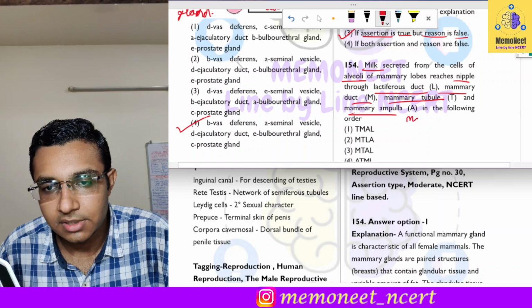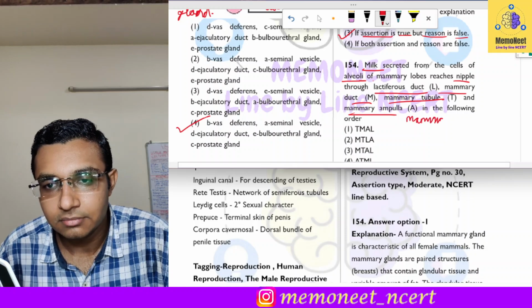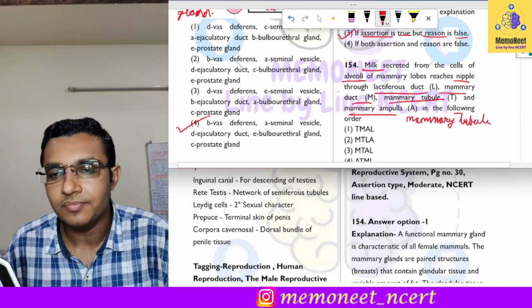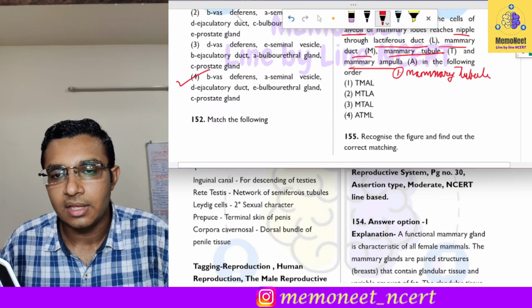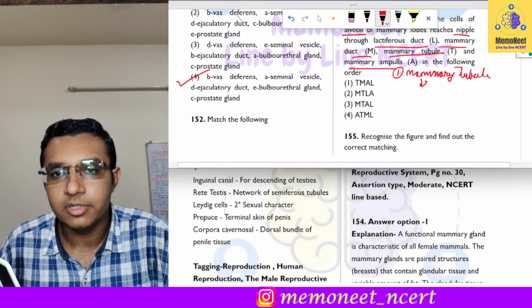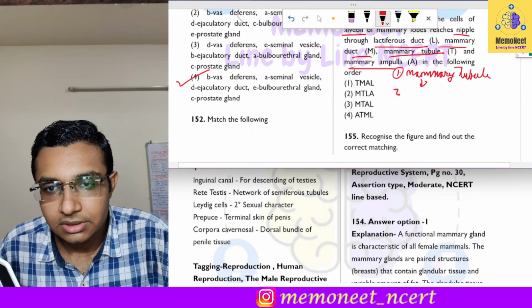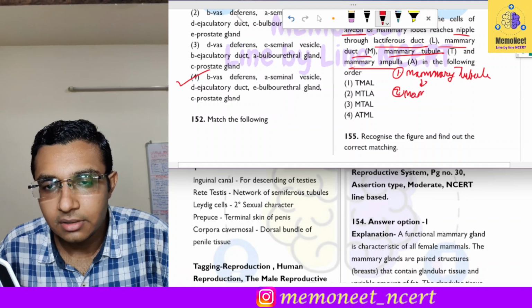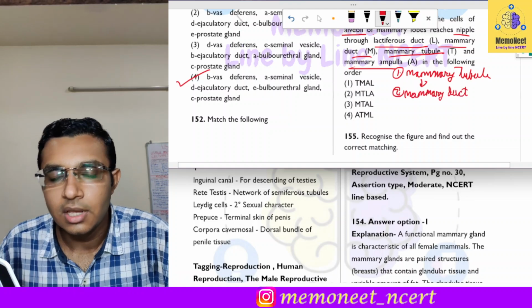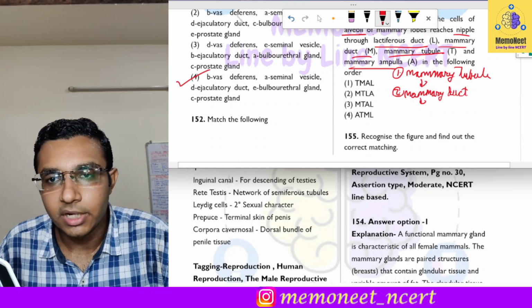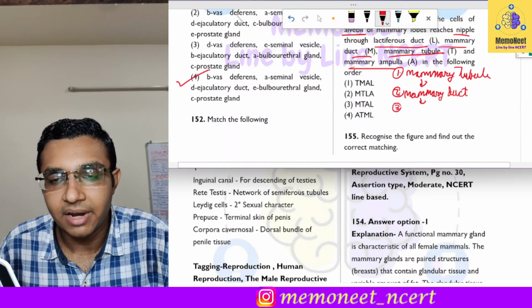So first one is the mammary tubule. Okay, this is the first structure. Then the milk from the mammary tubule reaches the mammary duct. So it is the mammary duct. From the mammary duct, the milk reaches into the ampulla, which is the widened part.